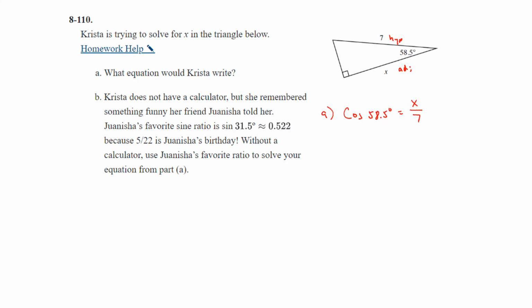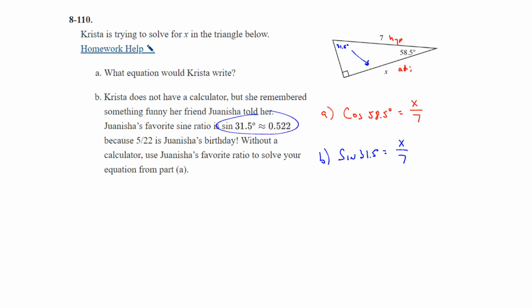Alright, so what we might recognize here is the 31.5 actually represents the other angle measure on this one. So instead of using the 58.5, what if we use the 31.5? So now x would represent the opposite side, so that would give us sine of 31.5 degrees is equal to opposite over hypotenuse.